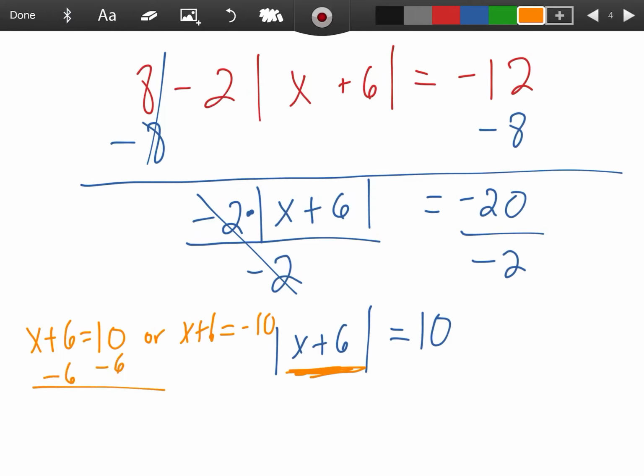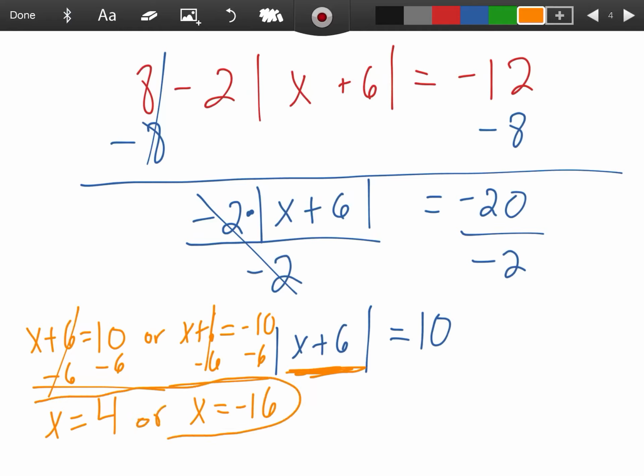I'll subtract 6, and I get x equals 10 minus 6, which is 4. For the other one, subtract 6 from both sides, that cancels out on the left, and negative 10 minus 6 is negative 16. So x is equal to 4, or x is equal to negative 16.